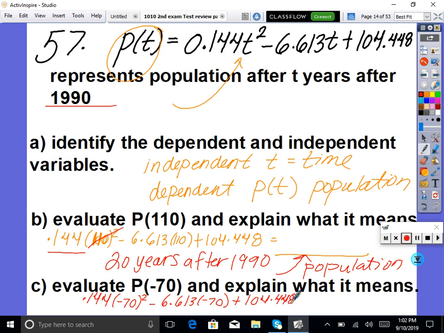That doesn't mean we're going negative in time, but we are going back in time in a sense, because in 1990, if we take off 70 years, that would be 1920, correct? So we're going basically back in time. So then you would say in 1920, the population was that. So hopefully that makes sense to you.